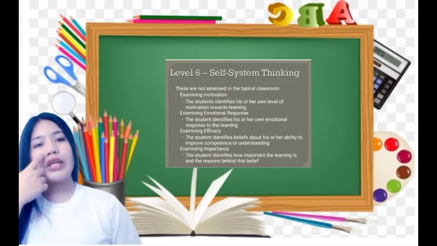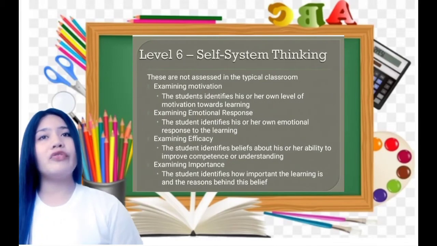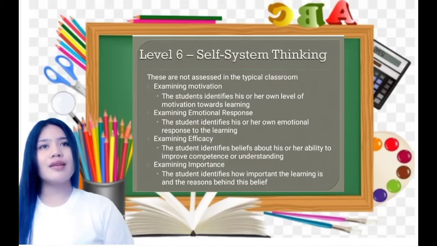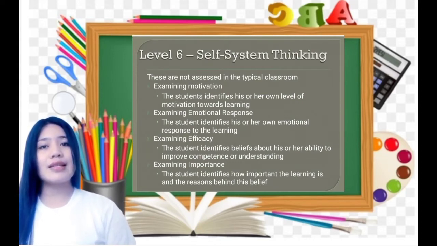Now let us proceed to level 6, which is self-system thinking. The same with level 5, this is also not assessed in the typical classroom. So under here are examining motivation, examining emotional response, examining efficacy, and examining importance. Examining motivation, the student identifies his or her own level of motivation towards learning.